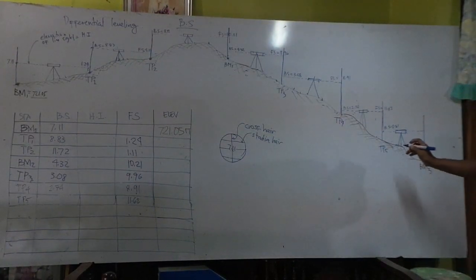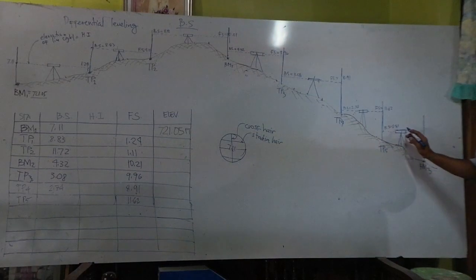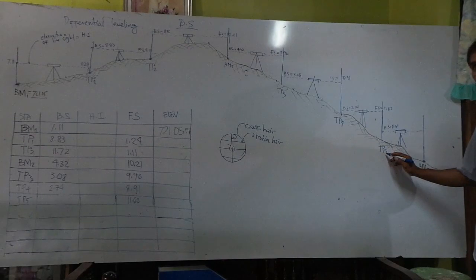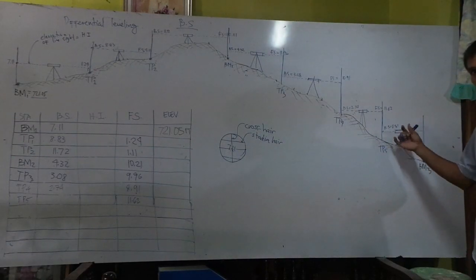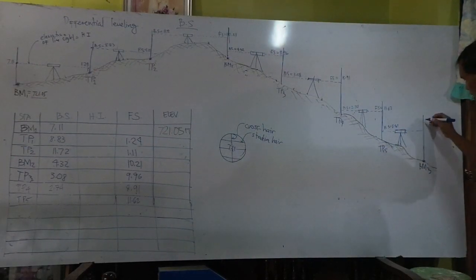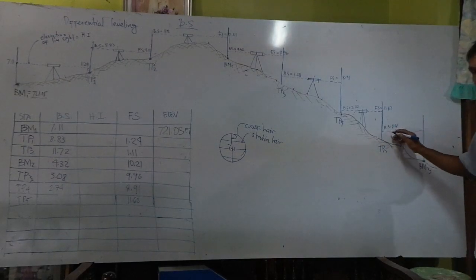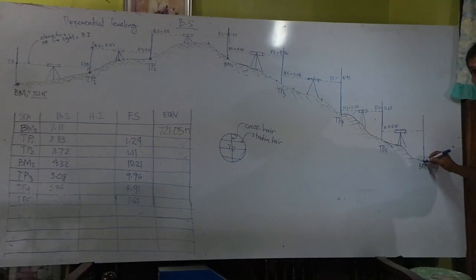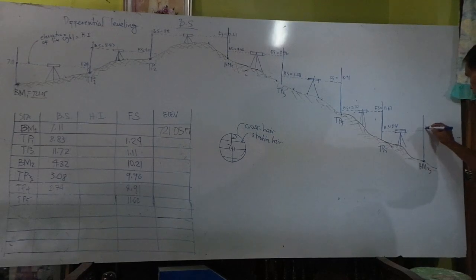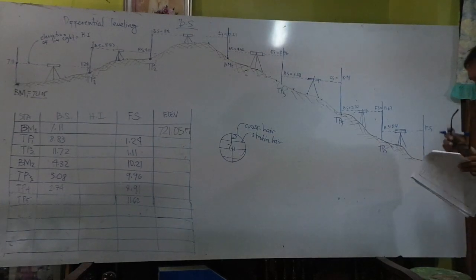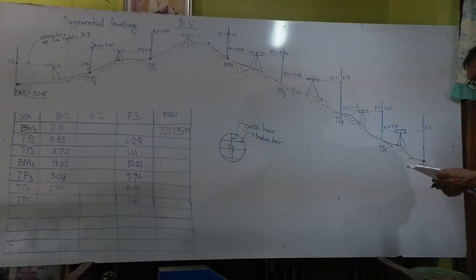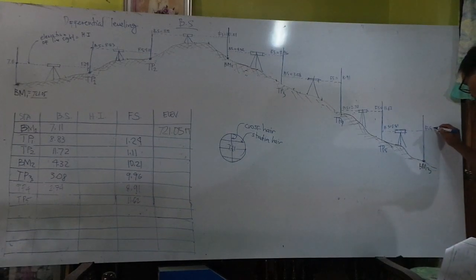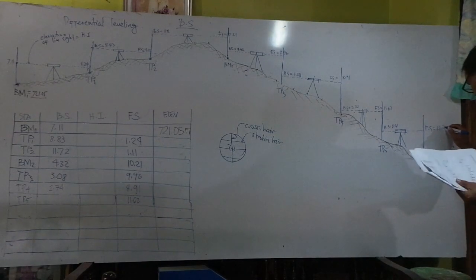Okay. So after taking the backside of turning point 5, you turn your instrument again horizontally, instructing your rodman to place your leveling rod at Bismarck 3. Then you sight. That sight is now your foresight for Bismarck 3, which in our example is equivalent to 12.42.